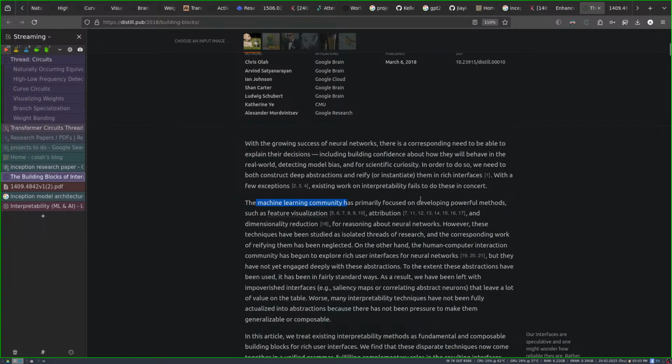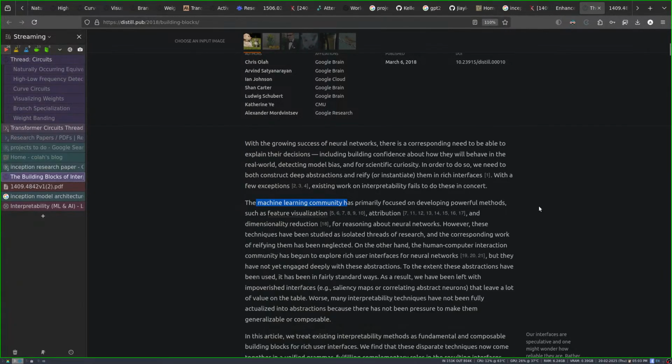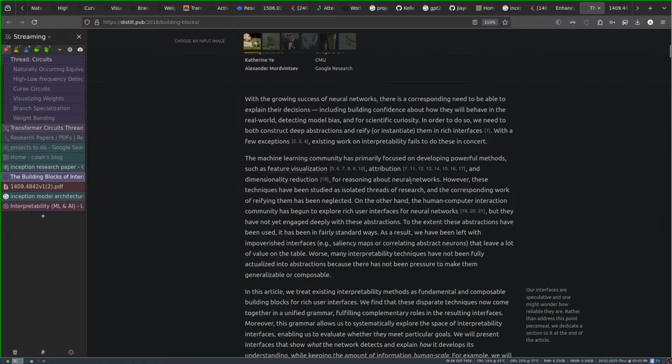Machine learning researchers primarily focus on developing powerful methods such as feature visualization, attribution, and dimensionality reduction for reasoning about neural networks. However, these techniques have been studied in isolated threads of research, and the corresponding work of reifying them has been neglected.